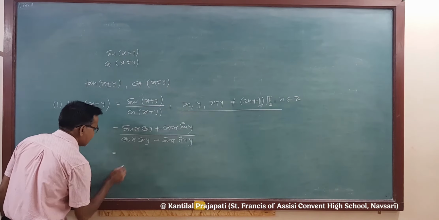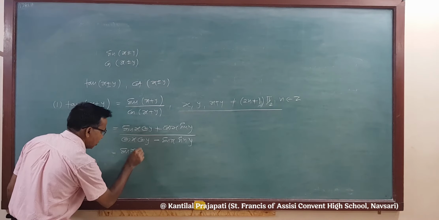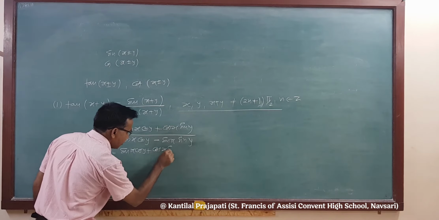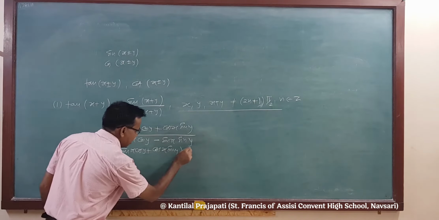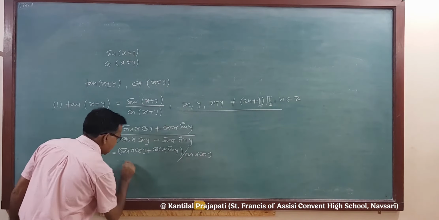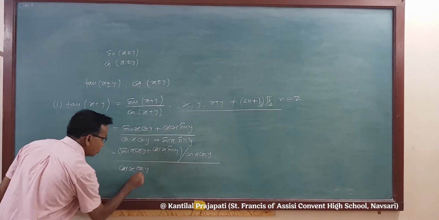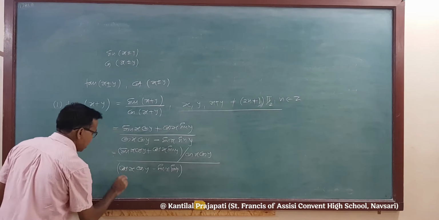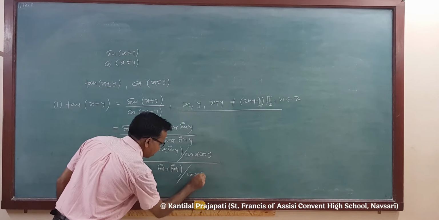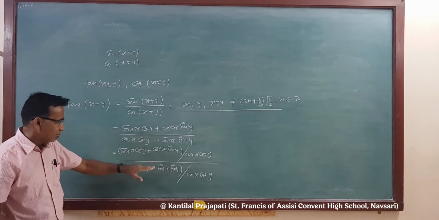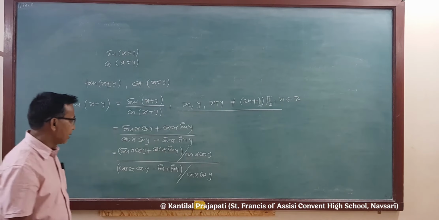So we write, dividing by cos x into cos y, the numerator sin x cos y plus cos x sin y, and similarly the denominator cos x cos y minus sin x sin y, dividing each term by cos x into cos y.